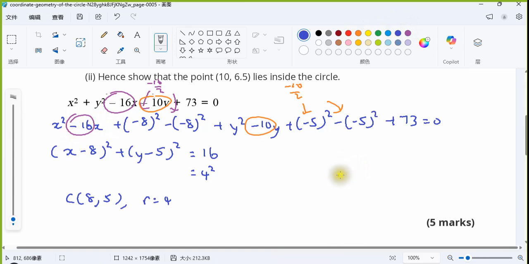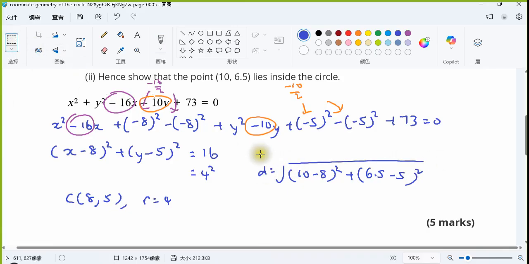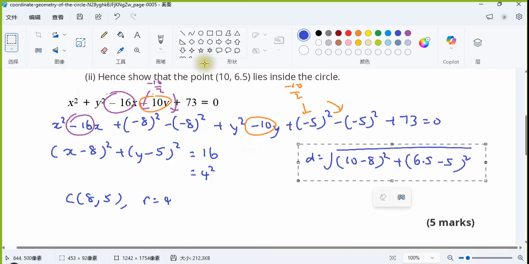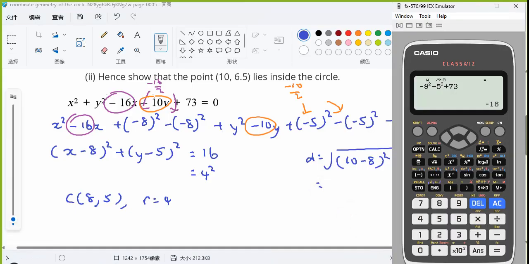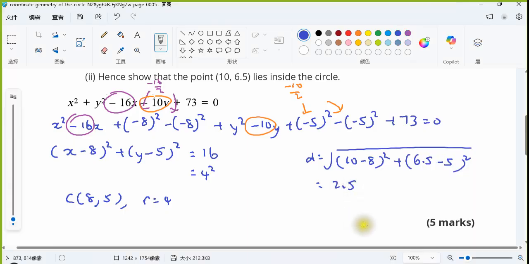The point here is (10, 6.5), so (10 minus 8) squared plus (6.5 minus 5) squared gives the distance between this point and the center. Then we have the square root of 2 squared plus 1.5 squared, which is 2.5.